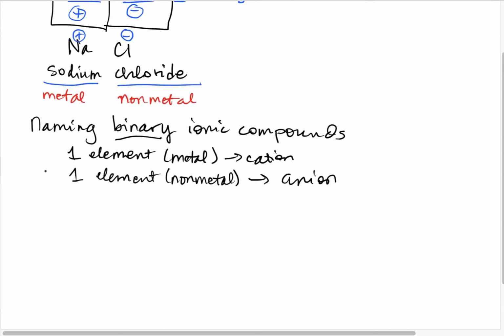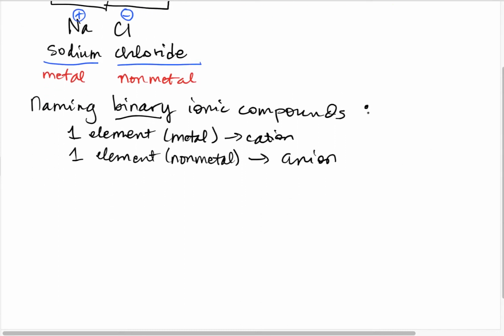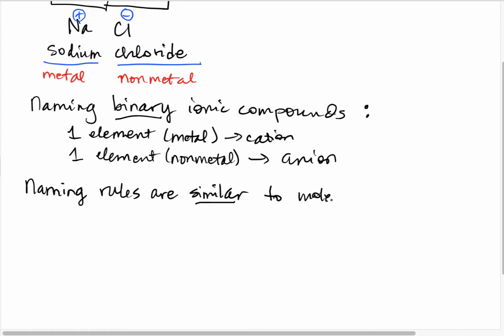So the great thing about naming these binary ionic compounds is that our naming rules are fairly similar to all of the molecular compounds. They're not exactly the same, but they start out similar to molecular compounds.